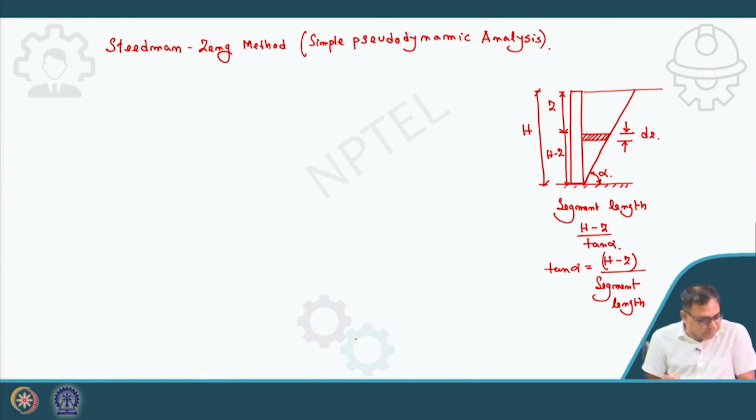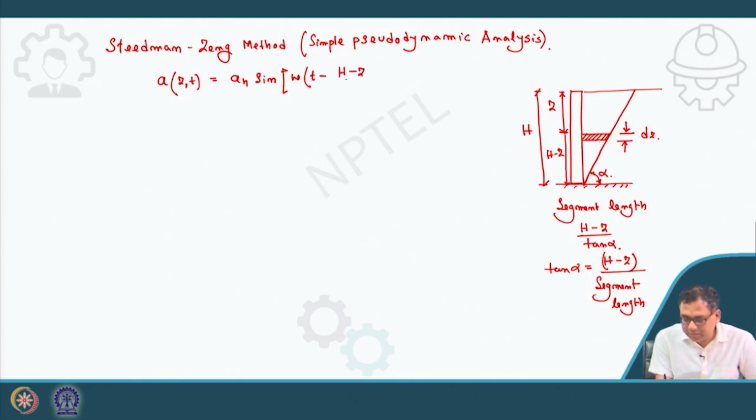Now, if the base is subjected to a harmonic horizontal acceleration of amplitude AH, the acceleration at any depth z below the top of the wall can be written as a(z,t) equals AH sine omega t minus (H minus z) divided by Vs, where we are providing the phase difference.